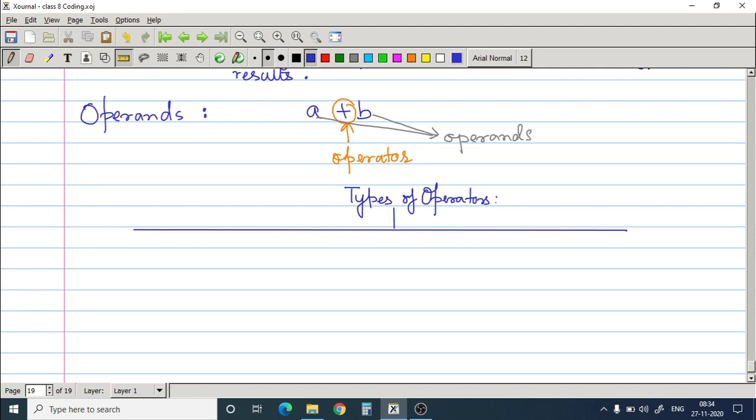One is the unary operator and the other one is the binary operator. Now the unary operator means an operator which operates on a single operand. So this one over here was a binary operator, right? Why? Because an addition requires two numbers or two operands. So that is why it is binary. So you have unary and binary.